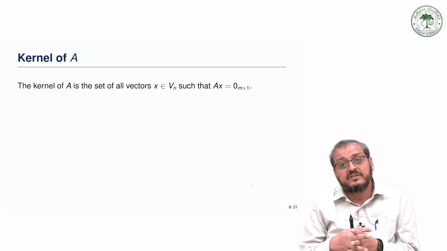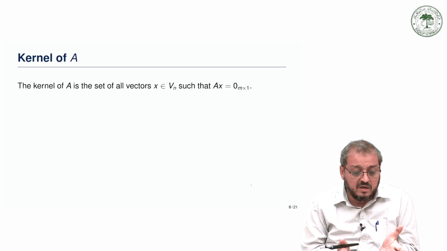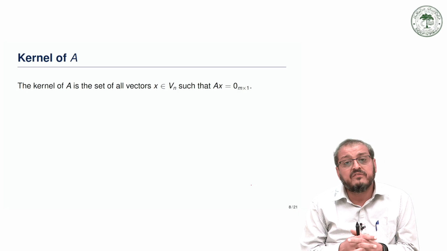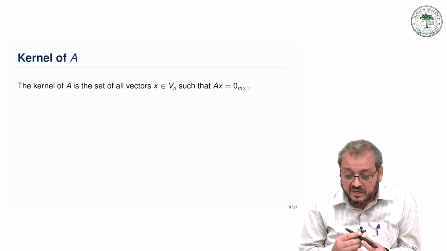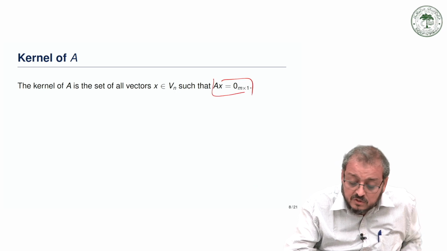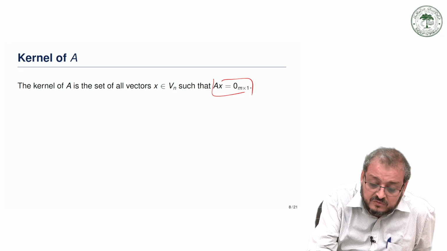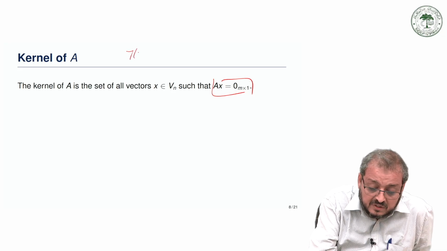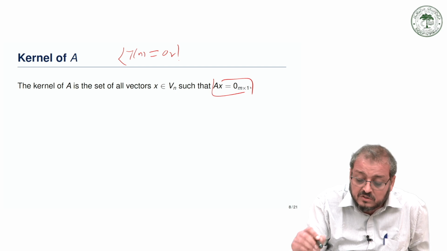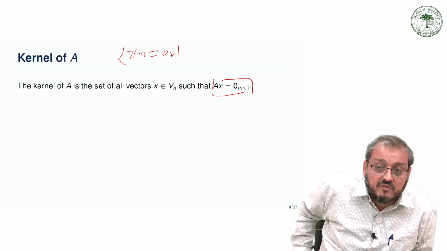Now next definition is about the kernel. The kernel of A is the set of all vectors x belonging to V_n such that Ax is equal to the zero matrix. Because in the transformation we can say that the kernel is equal to the zero of V, here a zero m by 1 matrix.